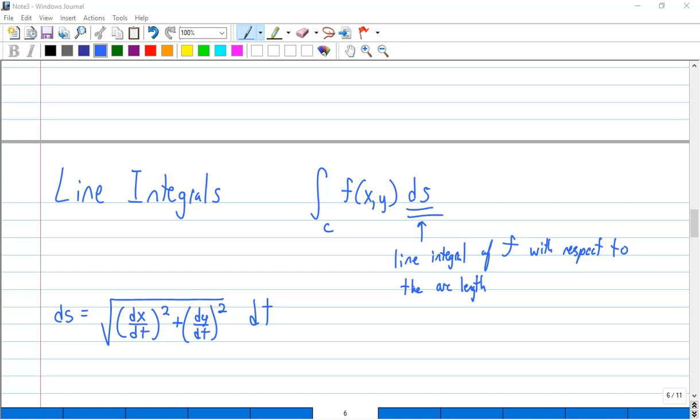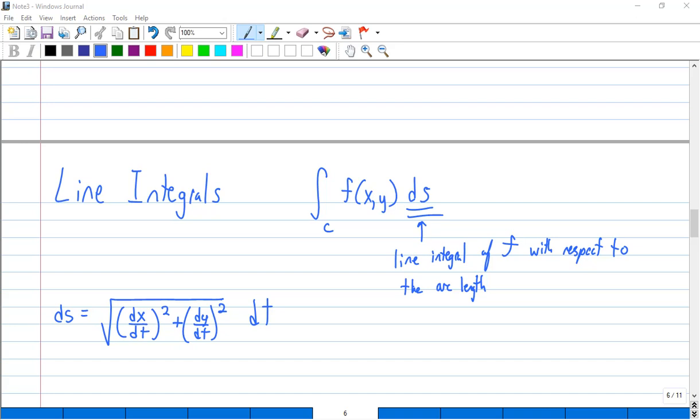So think about the mass of a wire that has a measurable length given by a curve in space. The density of the wire at a point would be f of that point.